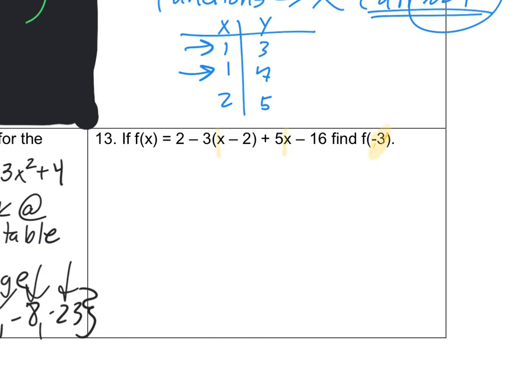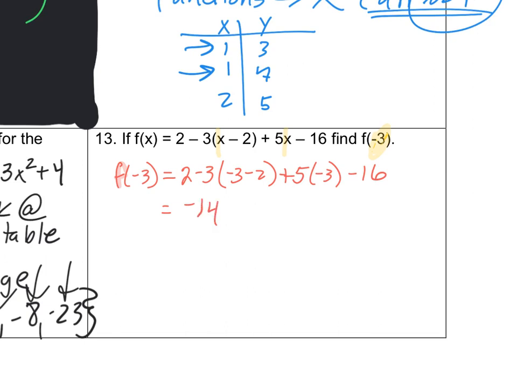So if I were to do it by hand, then I would say f of negative 3 equals 2 minus 3 parentheses negative 3 minus 2 plus 5 times negative 3 minus 16. And you can do that all in your calculator. When you plug that in, you'll get negative 14.